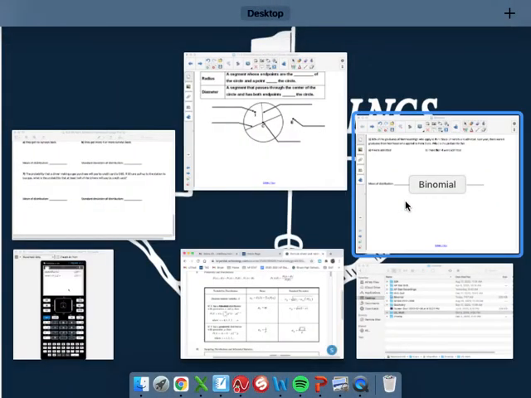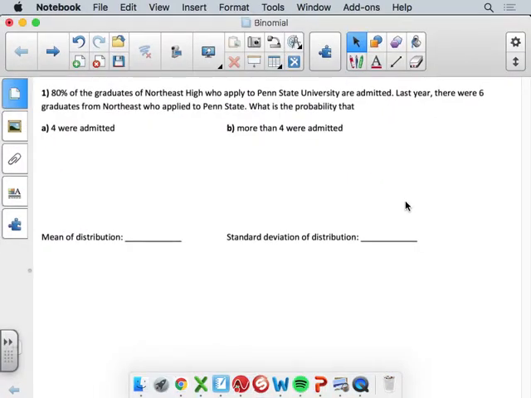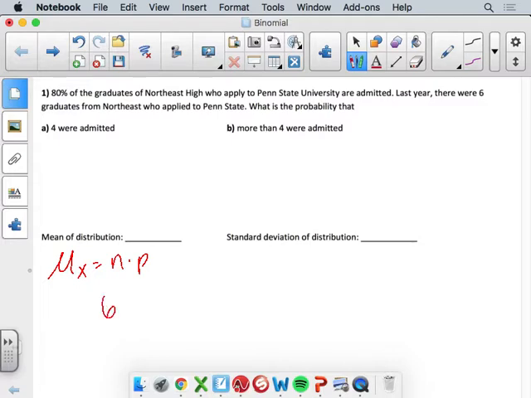So let me look at our problem in this case. The formula says the mean equals n times p. Another way to say that is how many people do you expect to get admitted in this scenario? If 6 people were applying and there's an 80% chance, you just do 6 times 80%. That's how many people I expect on average over many, many trials.